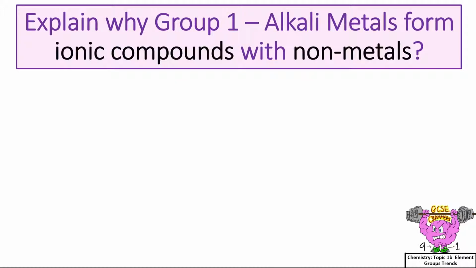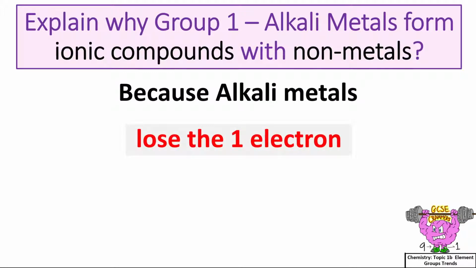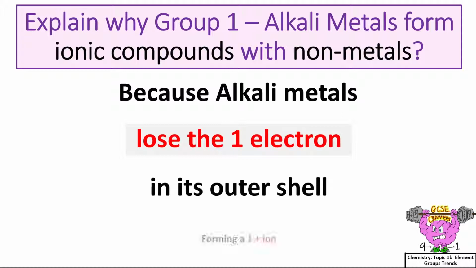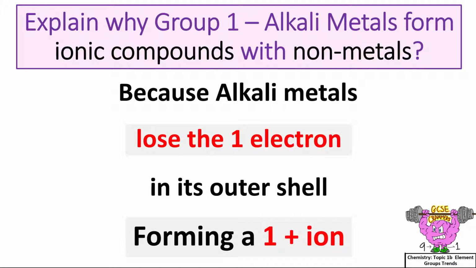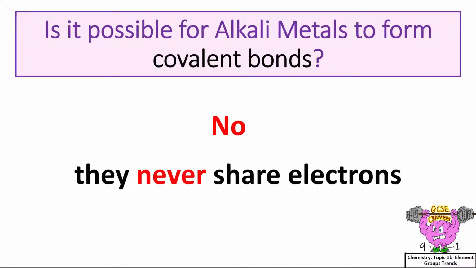Explain why group 1 alkali metals form ionic compounds with non-metals. Because alkali metals lose the one electron in their outer shell, forming a 1+ ion. Is it possible for alkali metals to form covalent bonds? No, because they never share electrons.